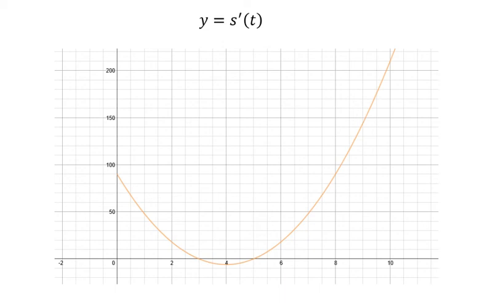Here goes. So the velocity right here is like 90. Here it's 80. Sorry, that's more like 70. Here it's 50. 40, 30, 20, 10, 0. So what's happening there? The velocity is getting smaller and smaller, and that tells us that the object is slowing down.